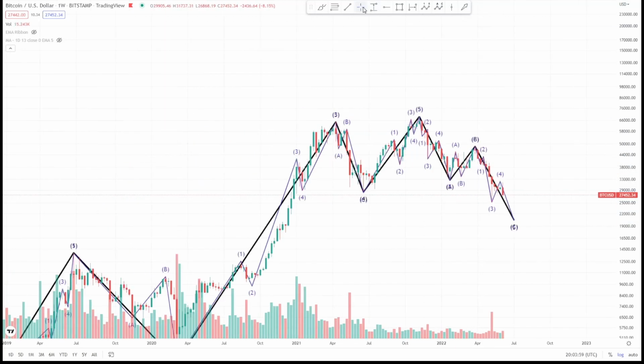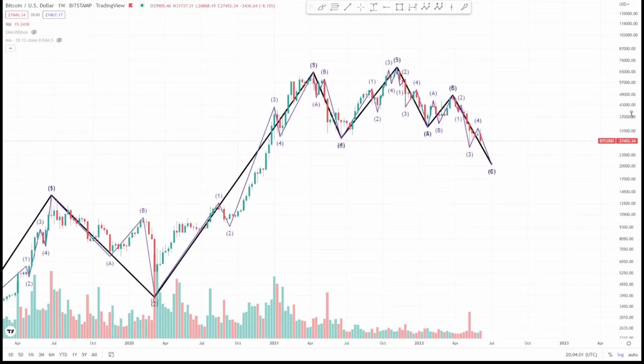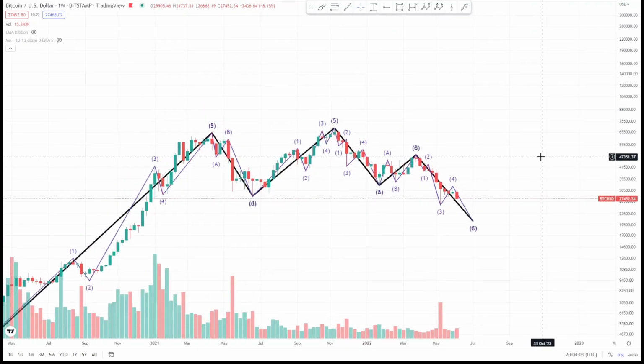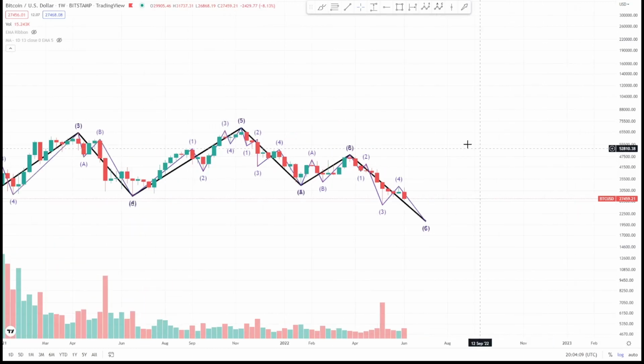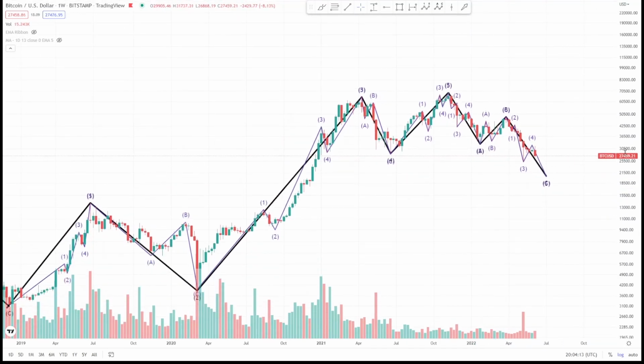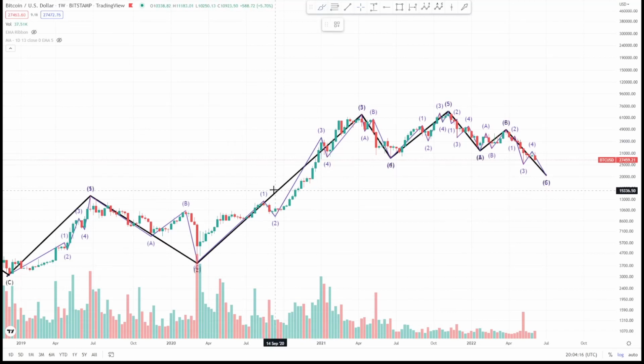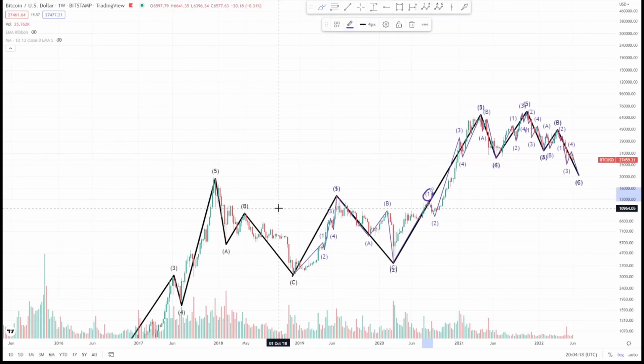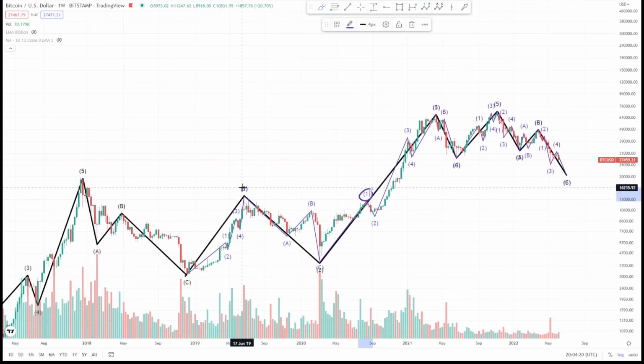With that being said, I specifically want to talk about finishing off with the micro moves that we're having at this moment in time, because I think we're gearing up for that last move to the downside. As we previously talked about, within this bullish market structure, you had your one impulse. No, apologies.